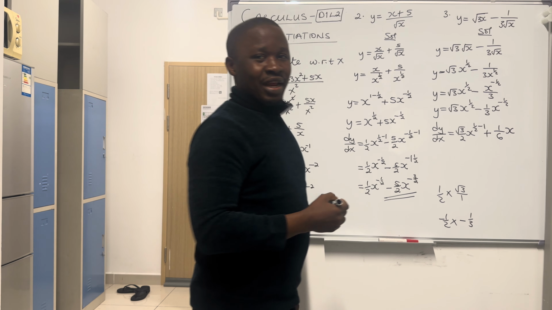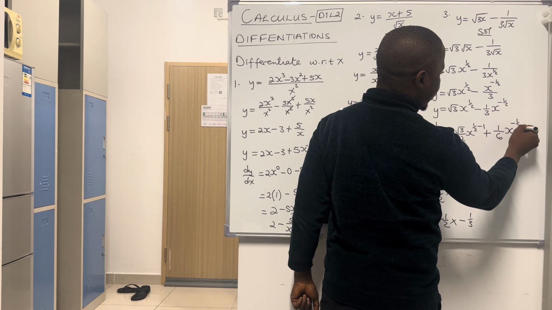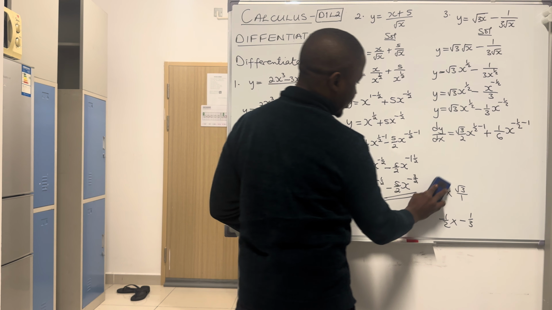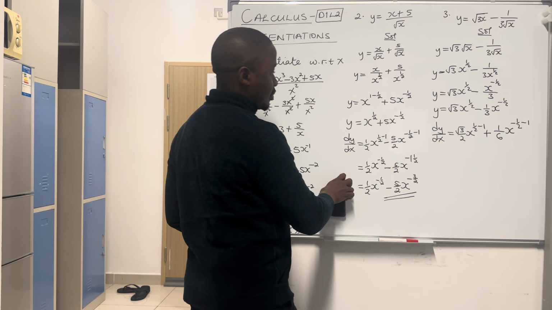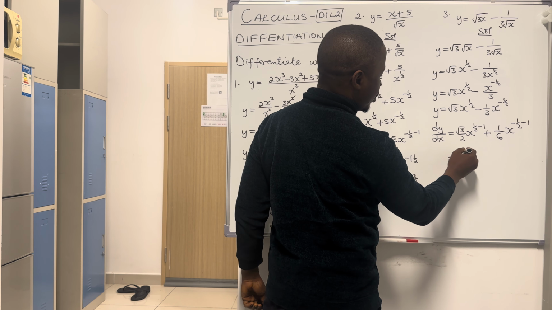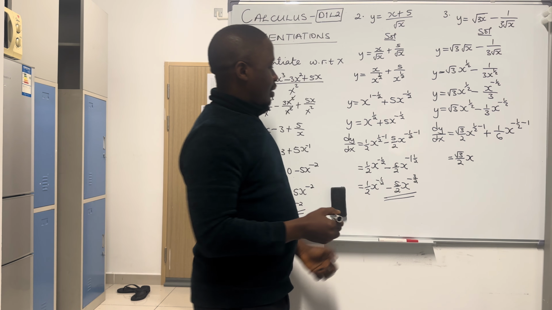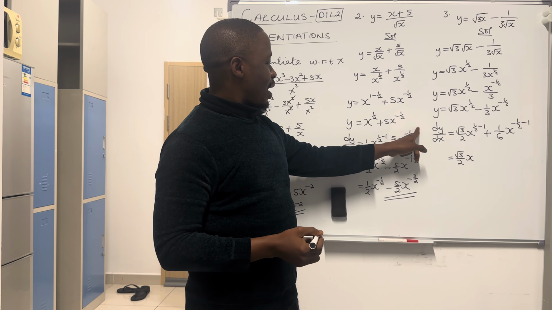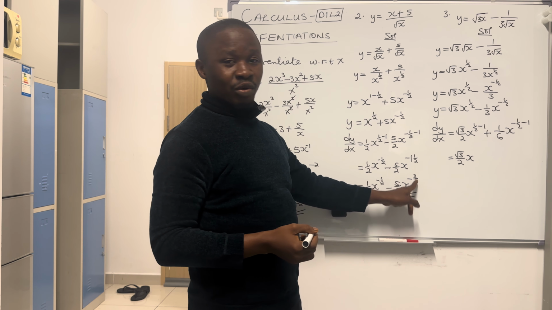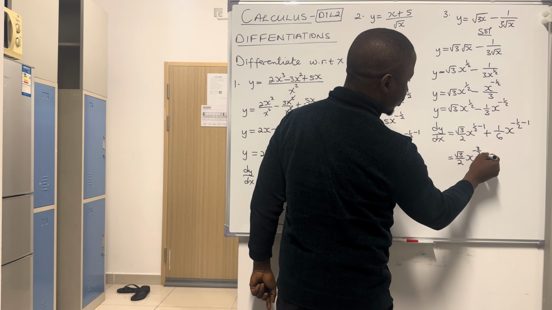Let us not forget the final thing we do: the power minus 1. So from here, we can say root 3 over 2, x to the minus half minus 1, which is minus 3 over 2.